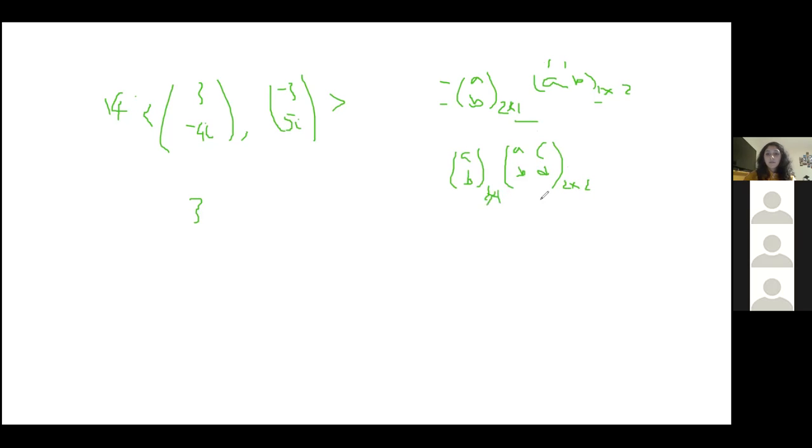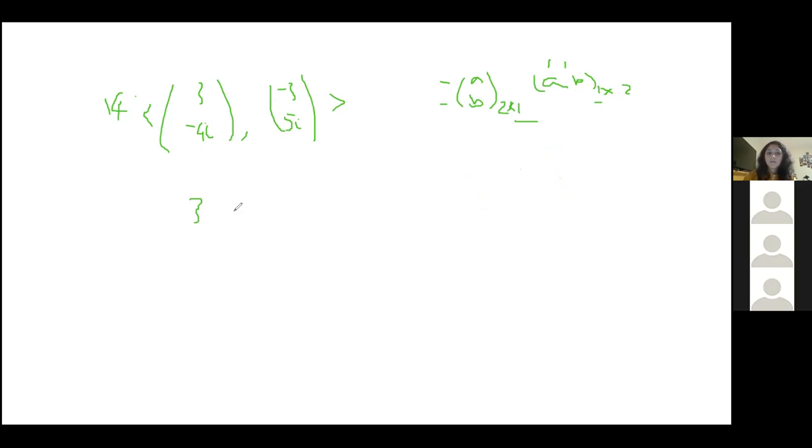In this case, you cannot multiply these together, because the inner numbers don't agree. So that was a little brief talk about dimensions, and you see that we can't really multiply these together.